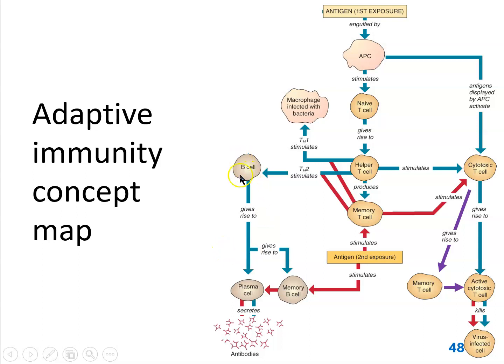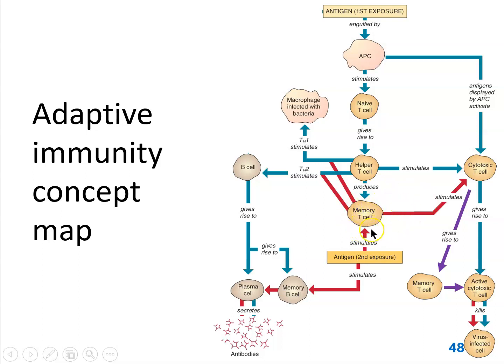So the B cell has had to find its antigen and present it to the type 2 helper T cell. And if that all works out, it is going to go all the way through making memory cells and plasma cells. That's all the stuff in blue. The stuff in red is memory cell secondary activation.